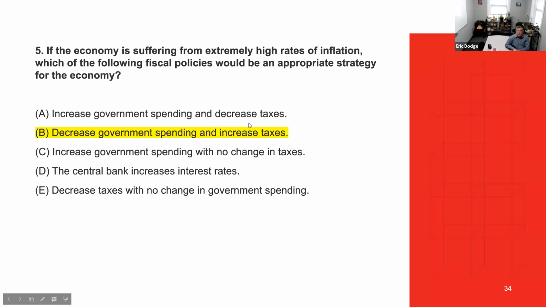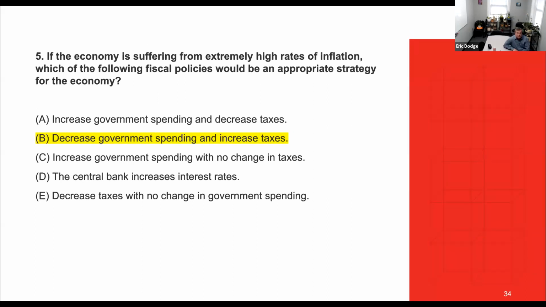Okay, so we need to fight inflation with fiscal policy. The best choice of these is to decrease government spending. That will shift aggregate demand to the left, which would fight inflation, and raise taxes, which would do the same thing. So if we were able to combine these two choices, policies, that should fight inflation.